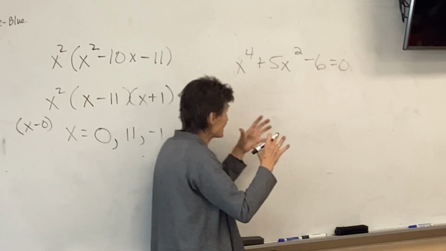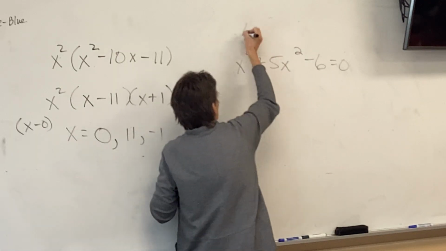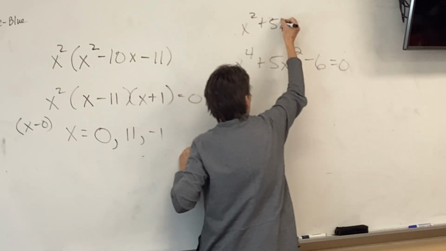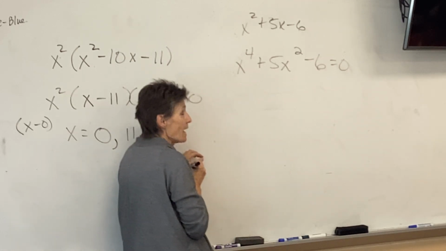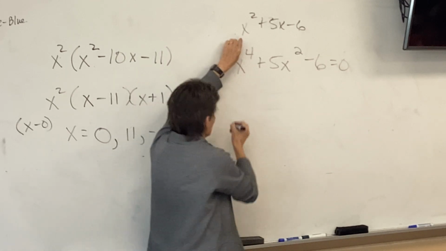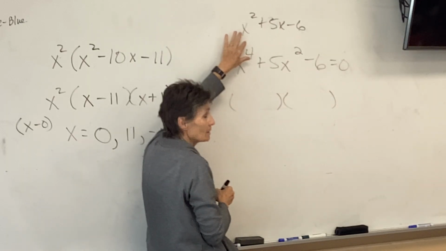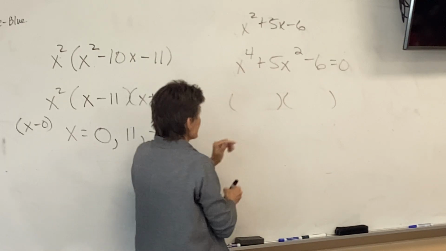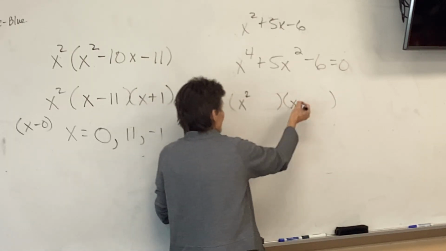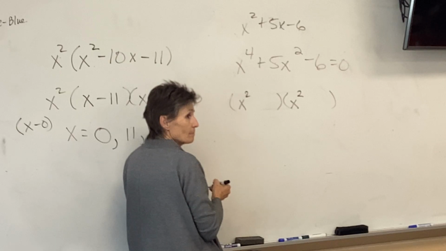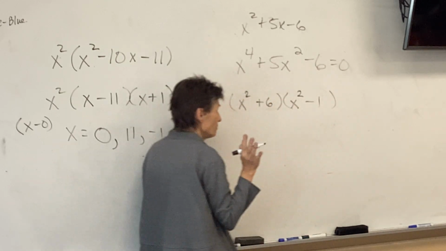But if you kind of stand back, doesn't that look like this? And what would you do with that? The only difference is, instead of having x and x, you're going to have x squared and x squared, and plus 6 minus 1.